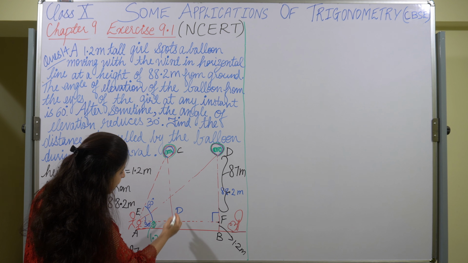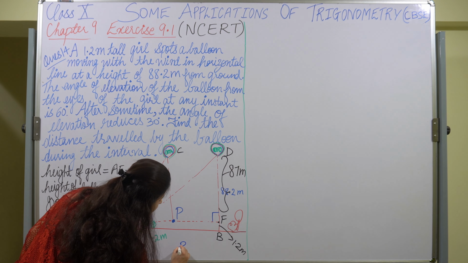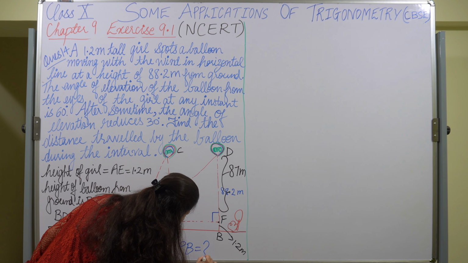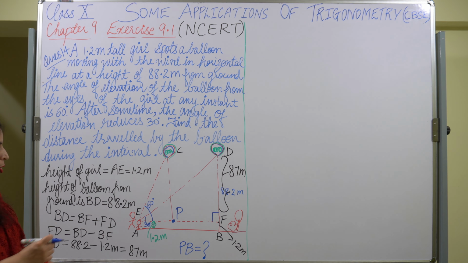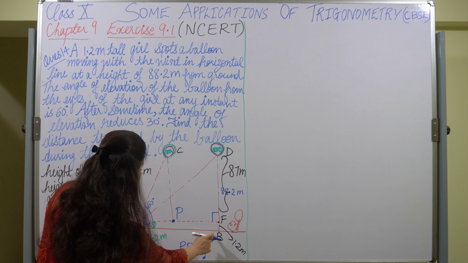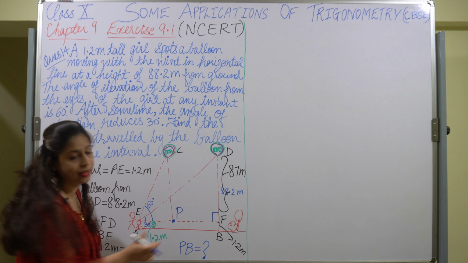I need to find PB, the distance PB, according to the question. If I subtract AP from AB, naturally we will get PB.